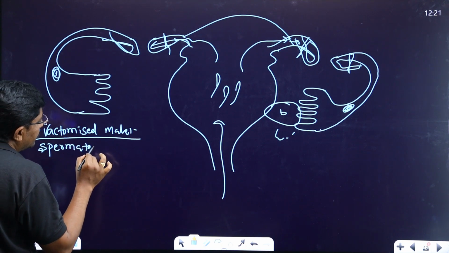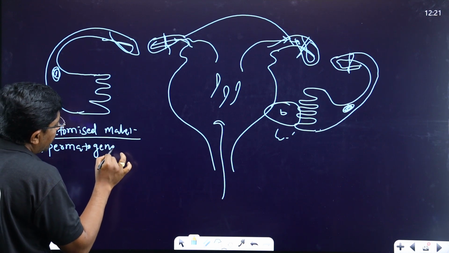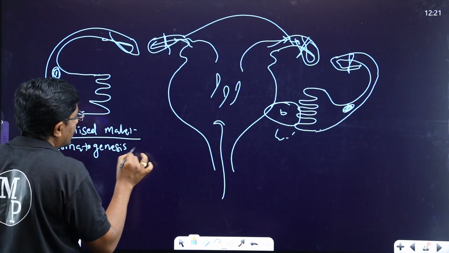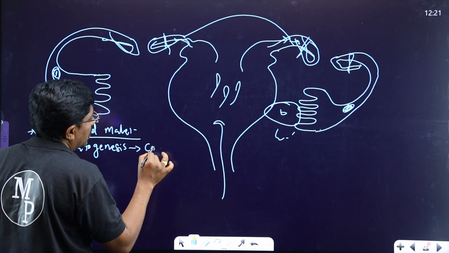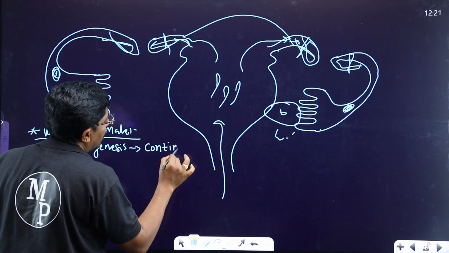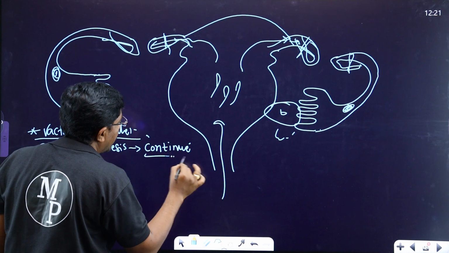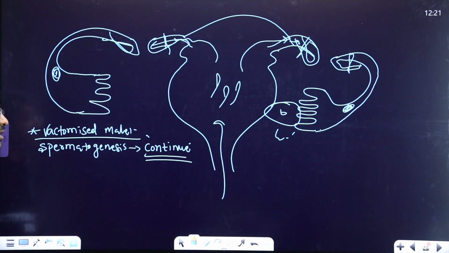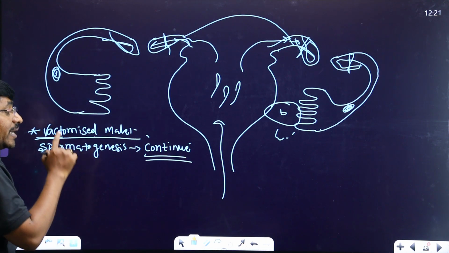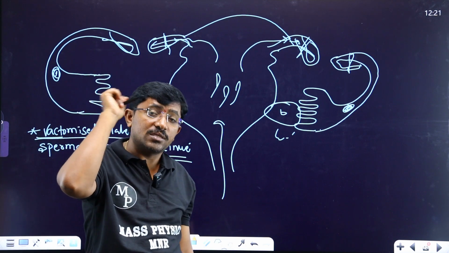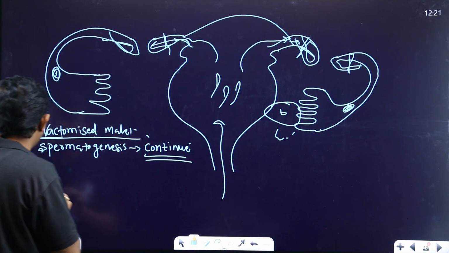Very important. The spermatogenesis process continues as usual in a vasectomized male, but the sperms do not reach the seminal fluid. That is one.